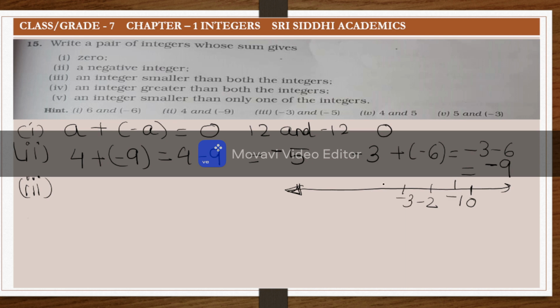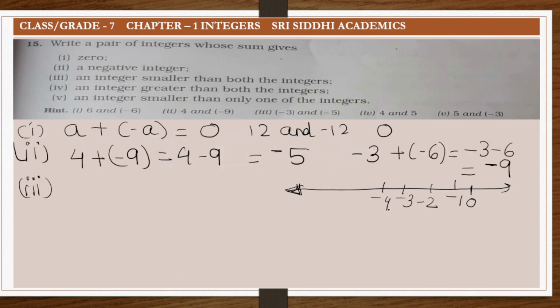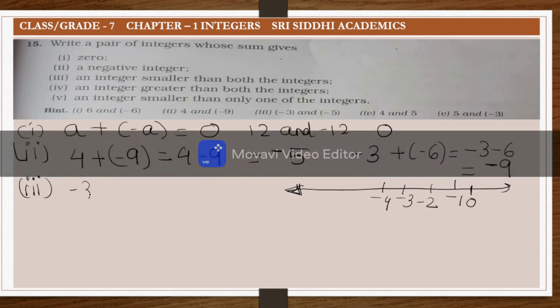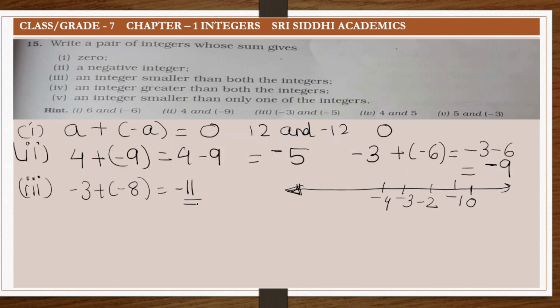This we know, right? So minus 4 is less than minus 3, and it's definitely less than minus 2 and definitely less than minus 1, and so on. So if you add minus 3 with minus 8, what will you get? You will get minus 11 as the answer, which is further left in the number line. So it is a smaller value than minus 3 and minus 8. So an integer smaller than both the integers, this is correct, right?